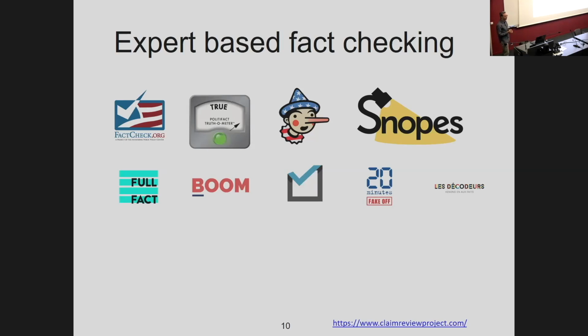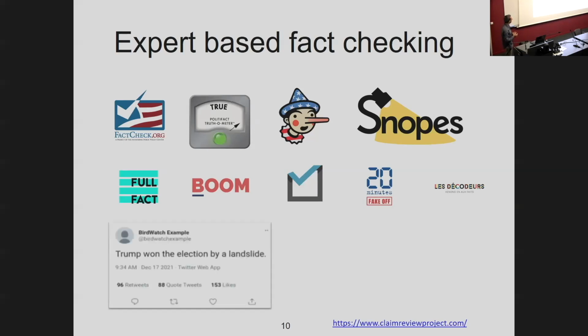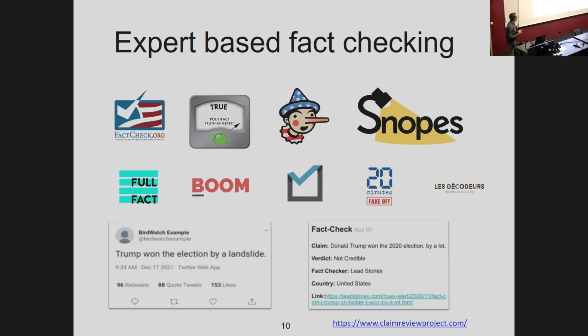So for example, imagine that there is a crazy story saying that someone won the election despite the evidence, and this can be spreading on Twitter, or it can be on some newspaper going around. So what these people do is that they take the claim and they say, okay, we studied it, we believe that it's not credible. This is done by one of these partners.